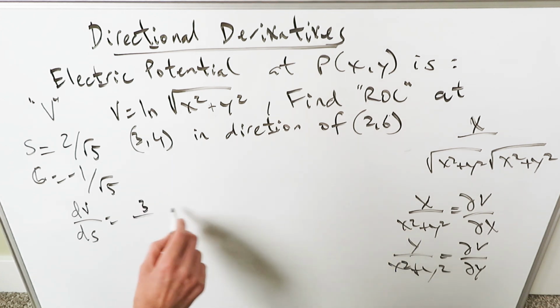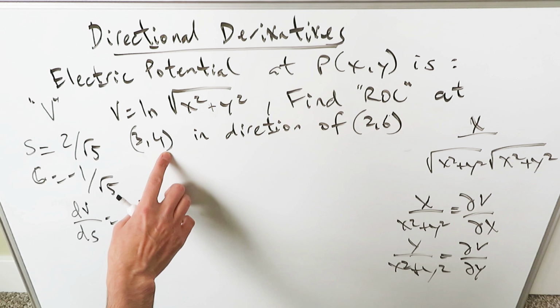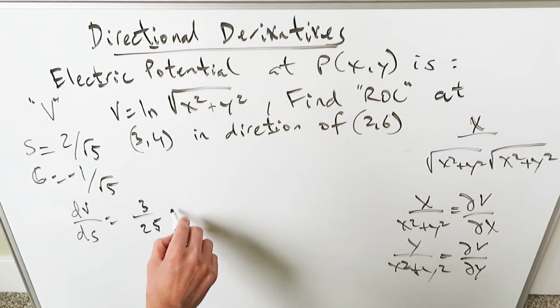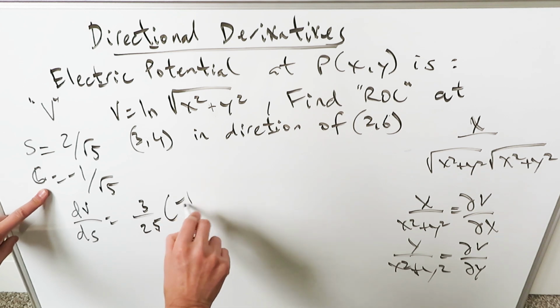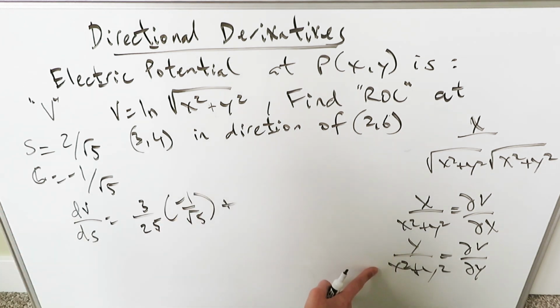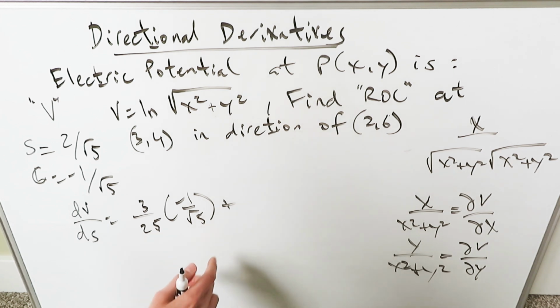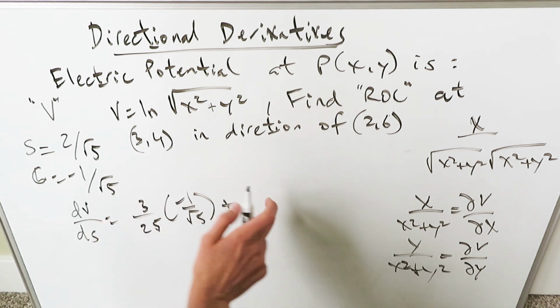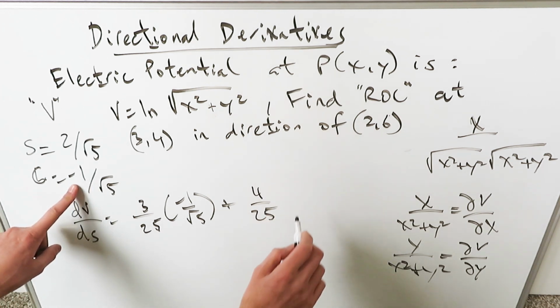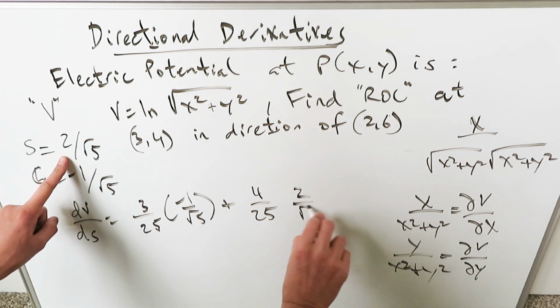It'll be 3 over x squared plus y squared, which will be what? 9 plus 16. It'll be 25. Times the cosine theta, which here is minus 1 over root 5, plus. Now I'm going to do y over x squared plus y squared. The 25 will stay the same because we've determined that. But y here is equal to 4 over 25. And then the sine theta, which will be here 2 over root 5.